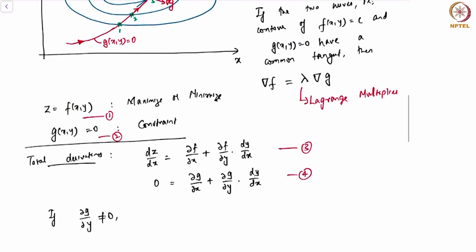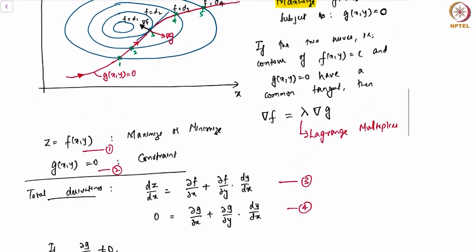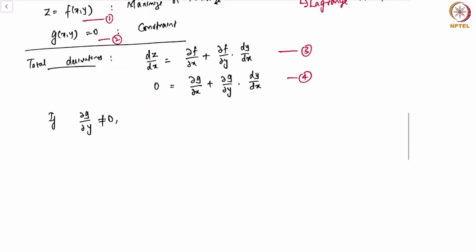It's not equal to 0 as I go on this constraint contour. If that happens, then dy by dx will simply be del g by del x divided by del g by del y.